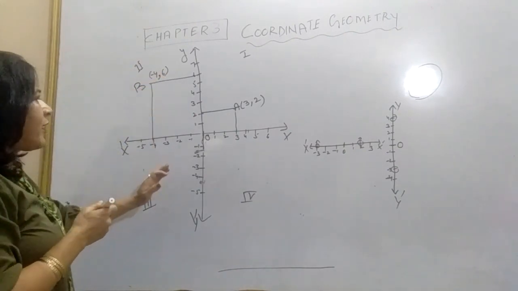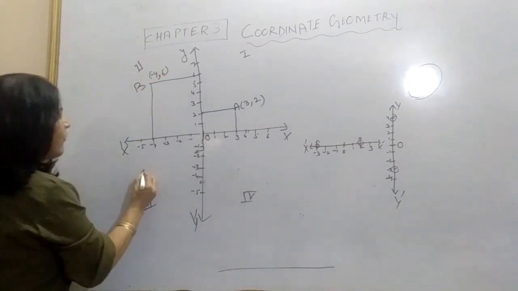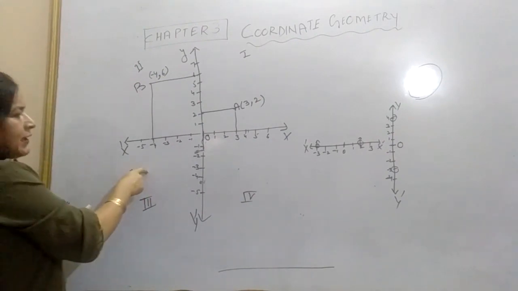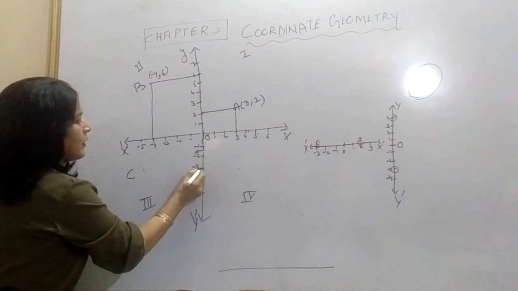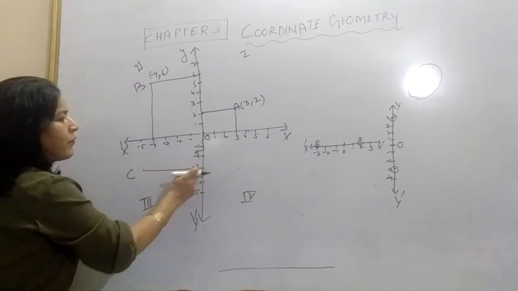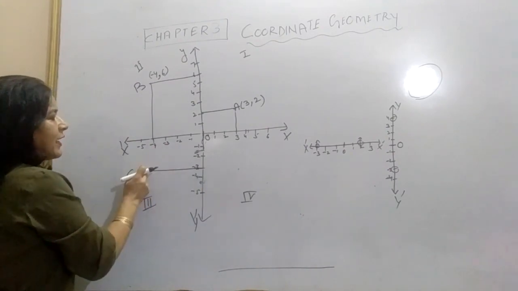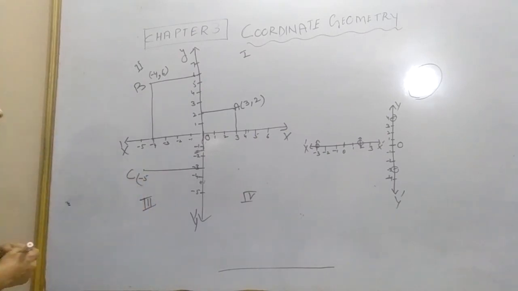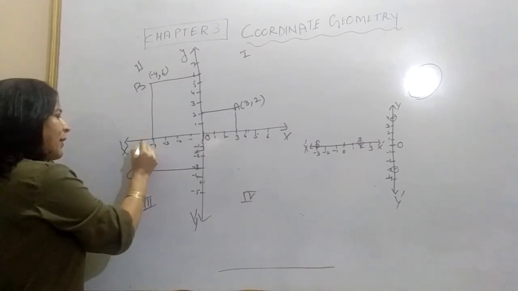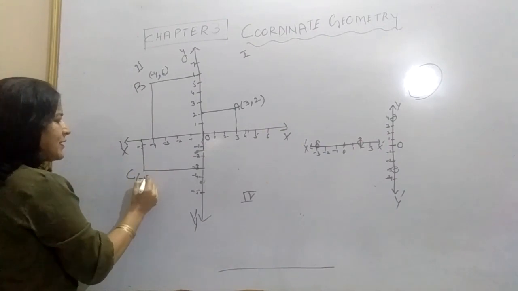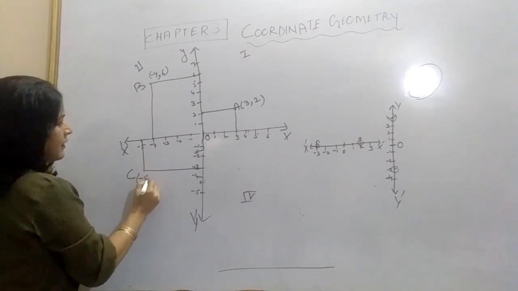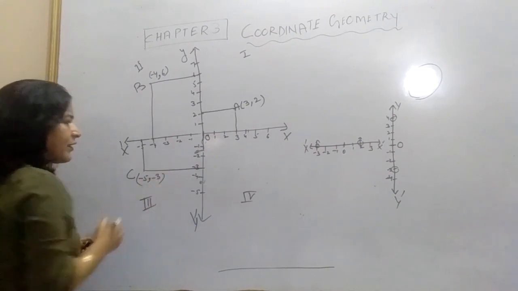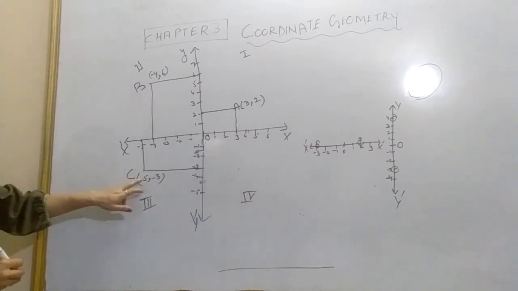In a similar way, in the third quadrant, if I have to locate this point C, its perpendicular distance from the y-axis is -5 and its perpendicular distance from the x-axis is -3.